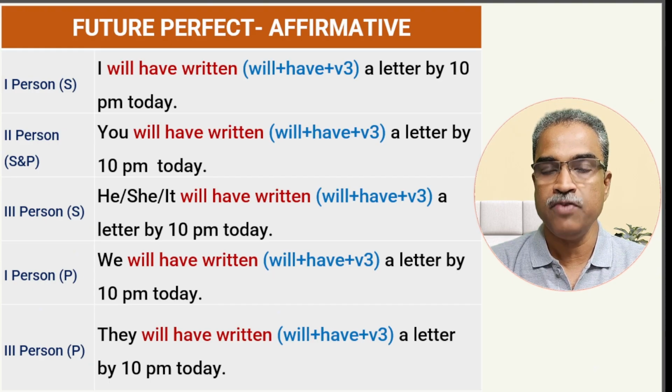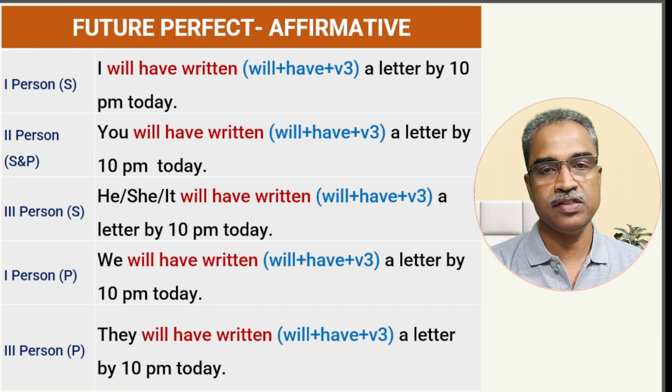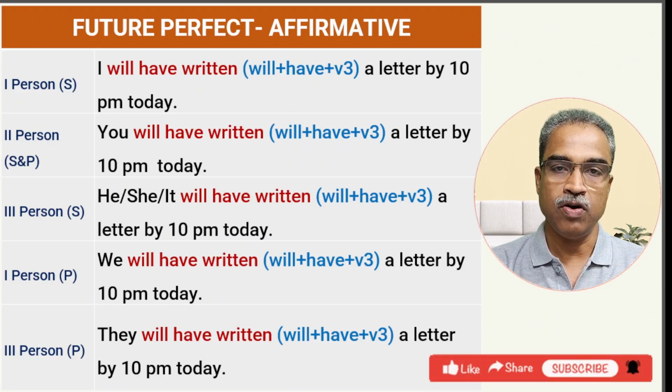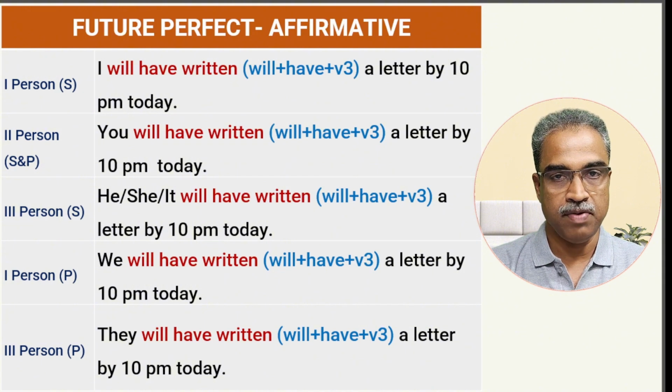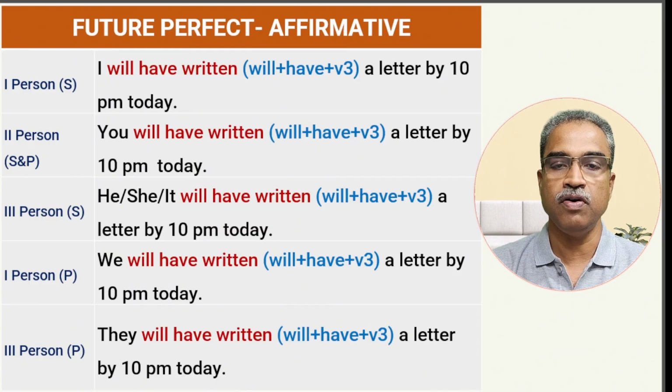And then this is the perfect tense. So in the perfect tense, as I told you earlier, we always use the V3 form of the main verb. So our example verb is write. So the V3 form, past participle form is written.